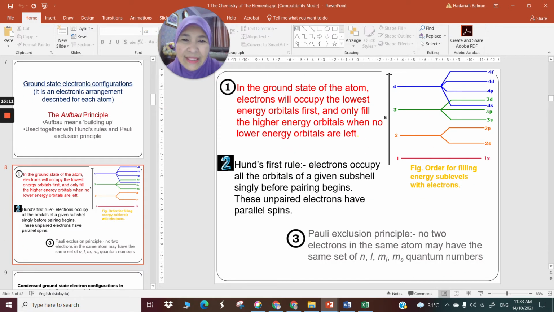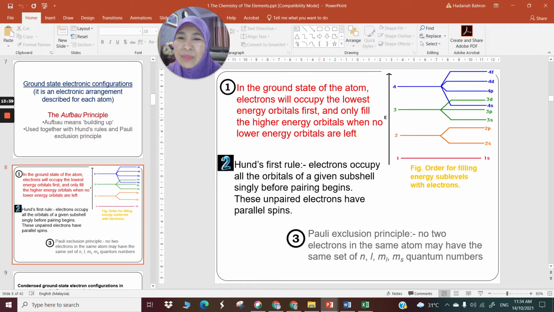Okay. In the ground state of the atom, electrons will occupy the lowest energy orbitals first. Now, this is very understandable, just like when you have a block of flats, a block of apartments. Usually, people will prefer to stay at the bottom, at the lowest level, because anything that is close to the ground is very stable.